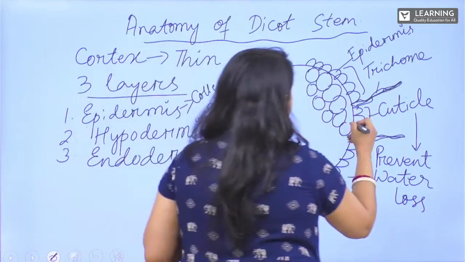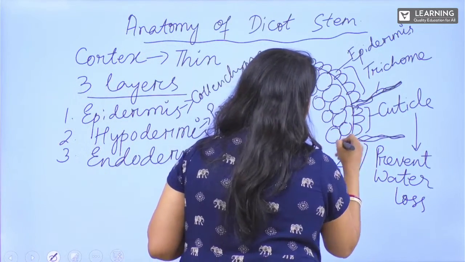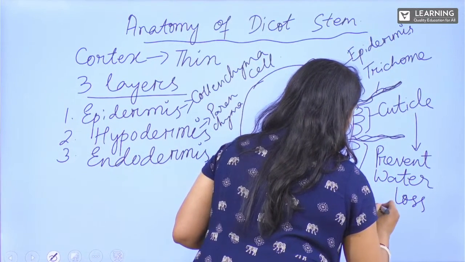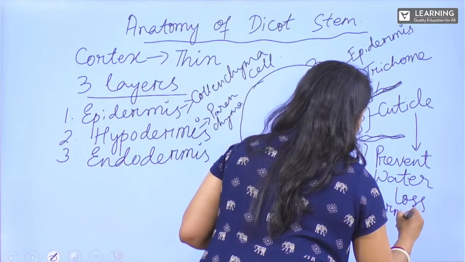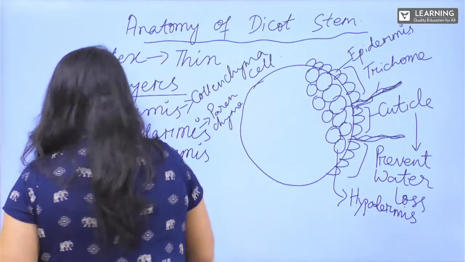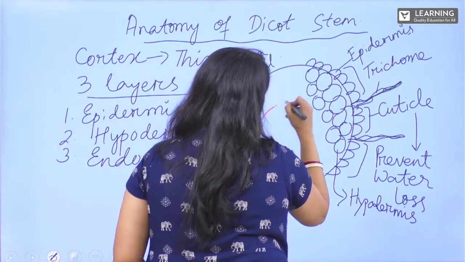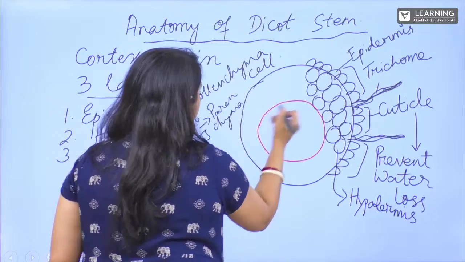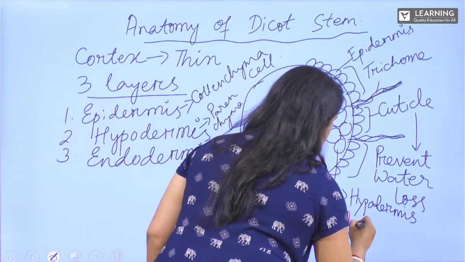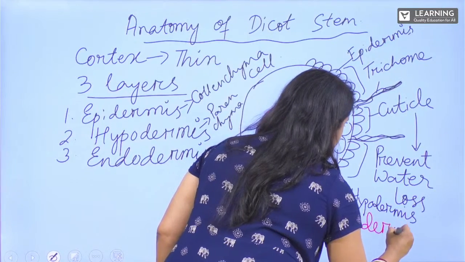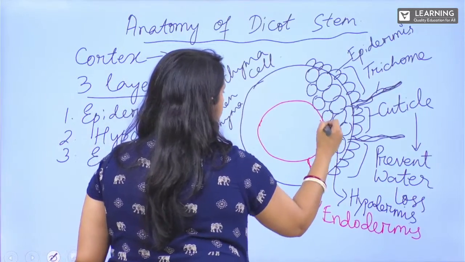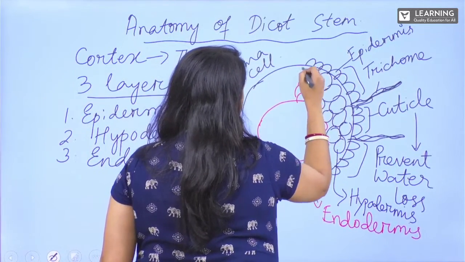Inside it, this second layer we call hypodermis. And again, inside this, there is another layer called endodermis. The third layer is your endodermis.